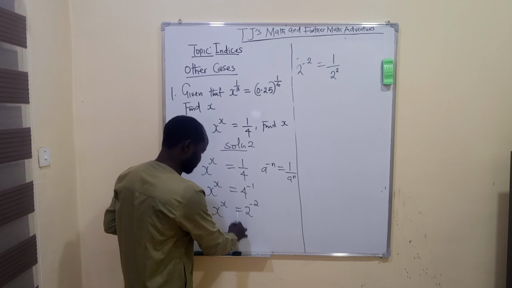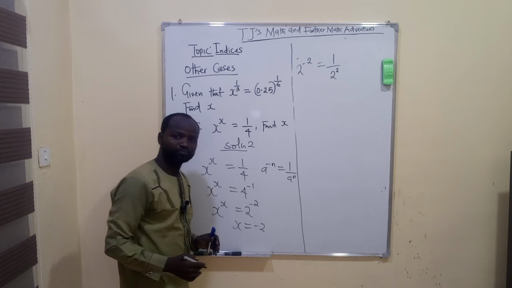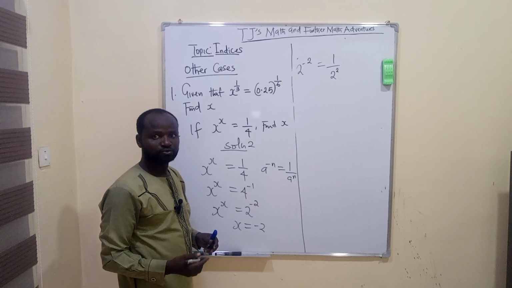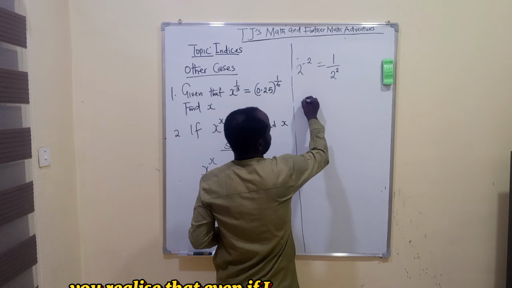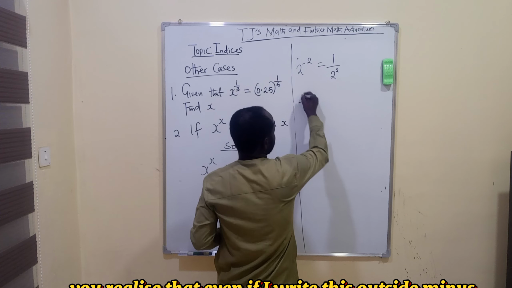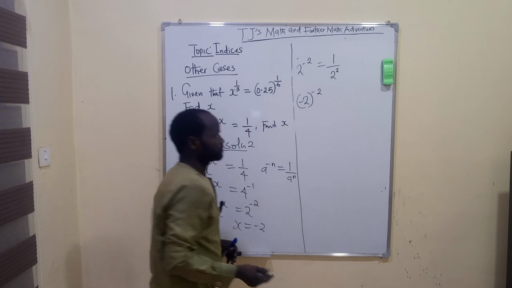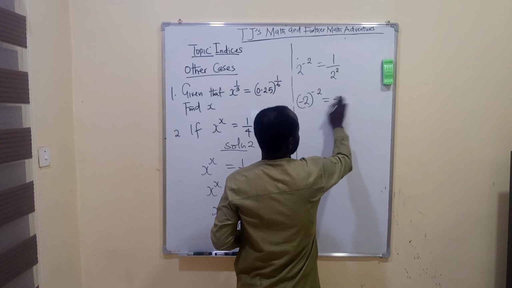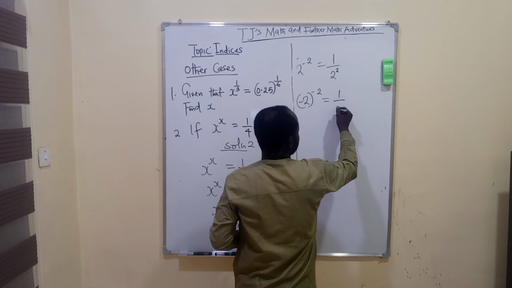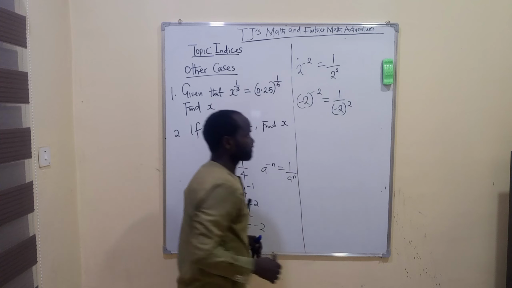So x at this point will be minus 2. Even if I write this as minus 2 all in power minus 2, it will still give me 1 divided by minus 2 power 2.